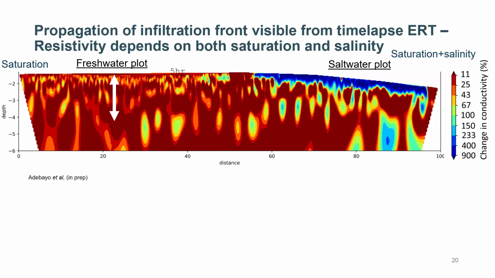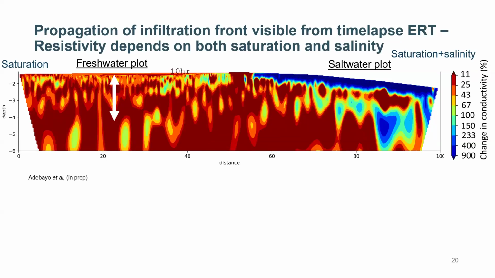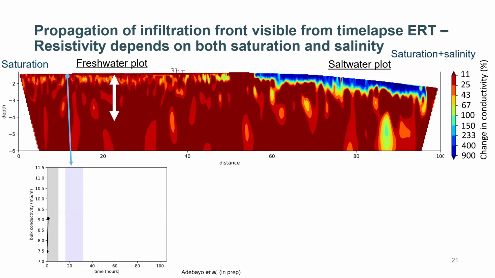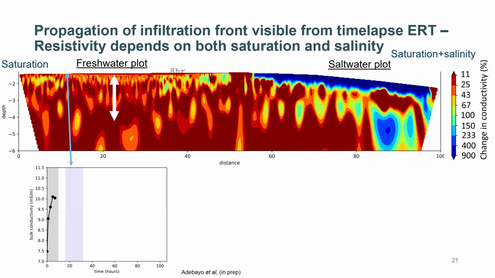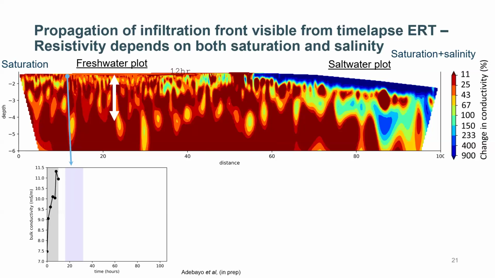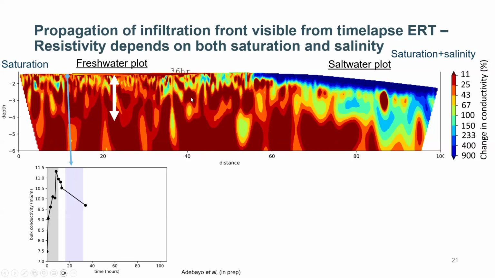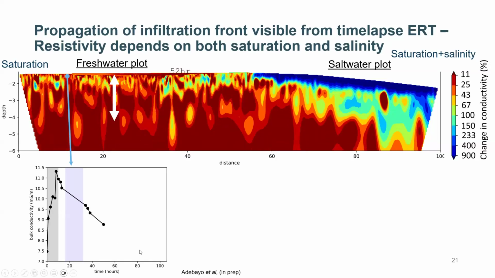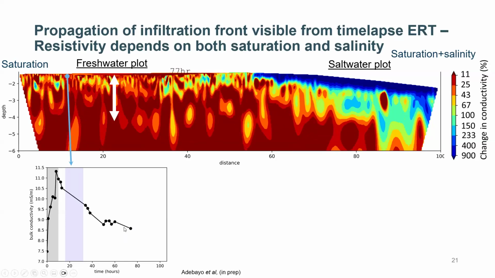This is one of those experiments that we have seen over time. What I'm showing you here is how the geophysical signature, in this case electrical conductivity, is changing in the soil during one of those times when we flooded the site.